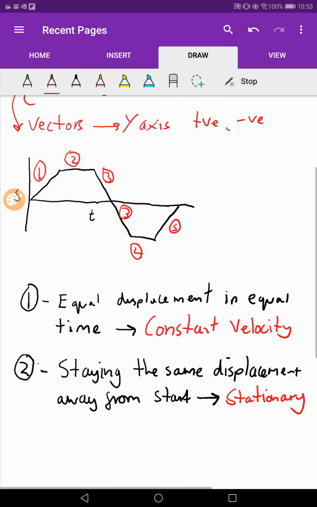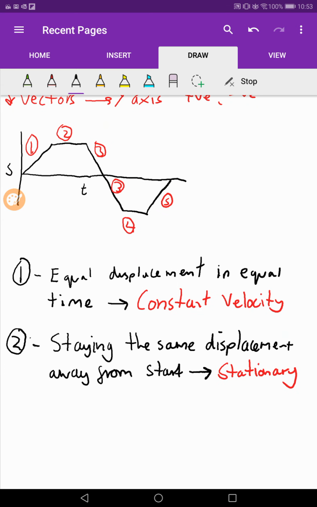Now 3. So we've kind of turned around on the spot, and we're going negative displacement now. So we're going backwards. So we're covering negative displacement in equal time.